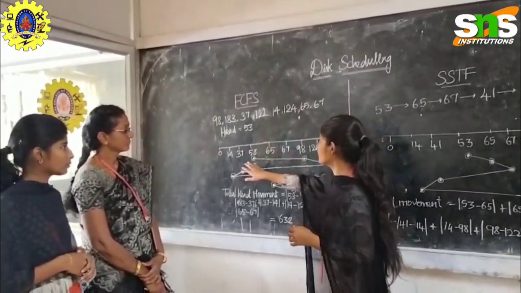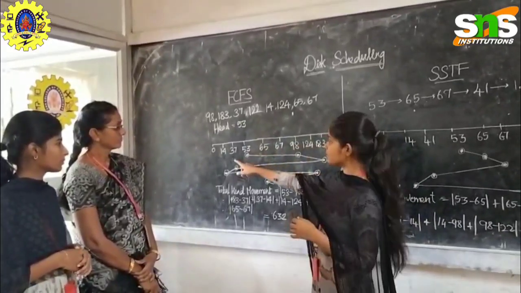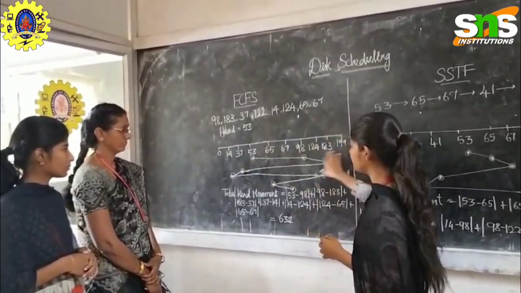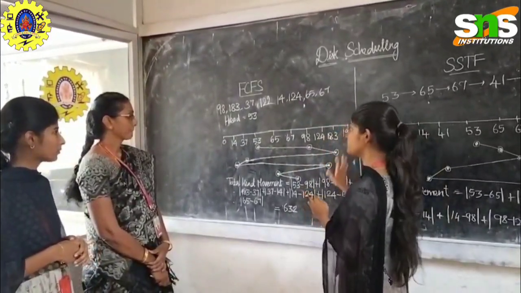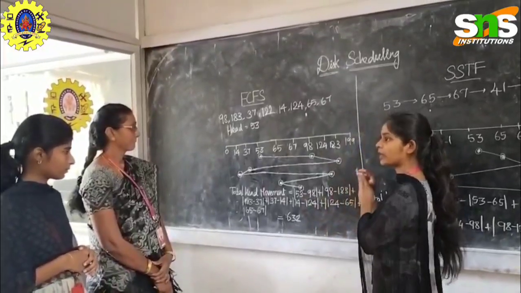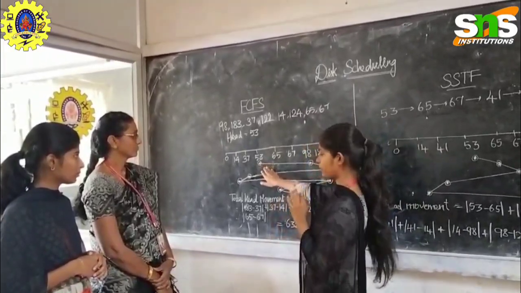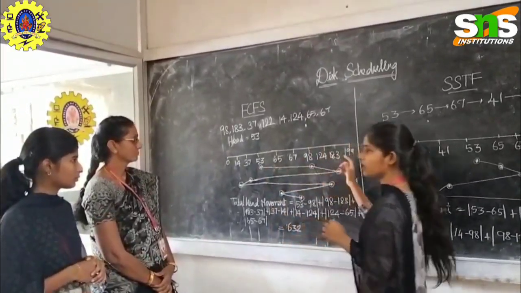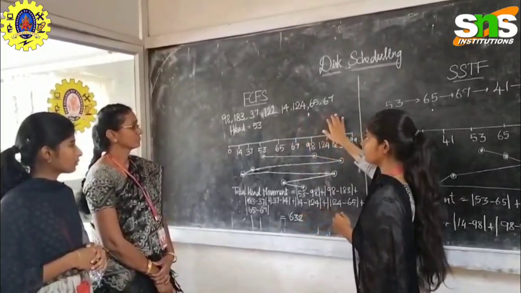I draw a line from 0 to 199 because my disk starts from 0 and ends at 199, and I arrange the requests. In disk scheduling, I first consider only the head. I point at the head and then move to the next request. It is declared that the head is at 53.